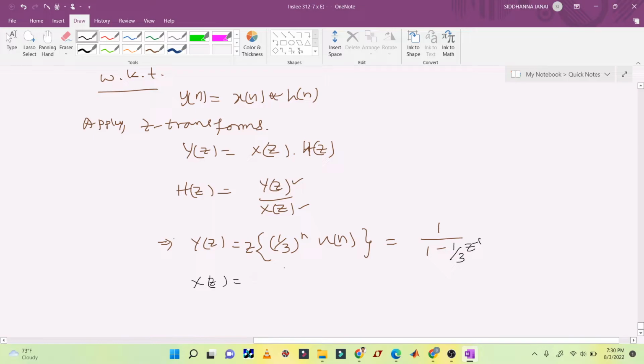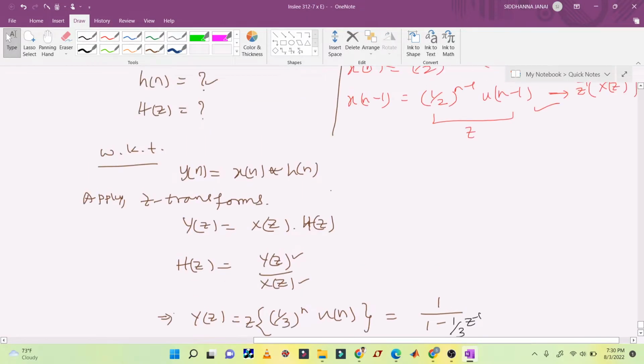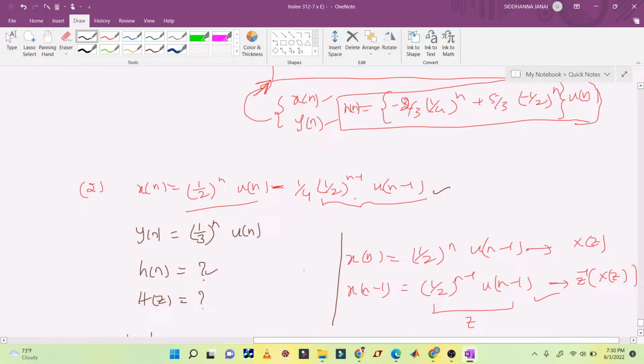Similarly, for x of z, as I already told you, for the given, we have 1 by 2 u of n, right?